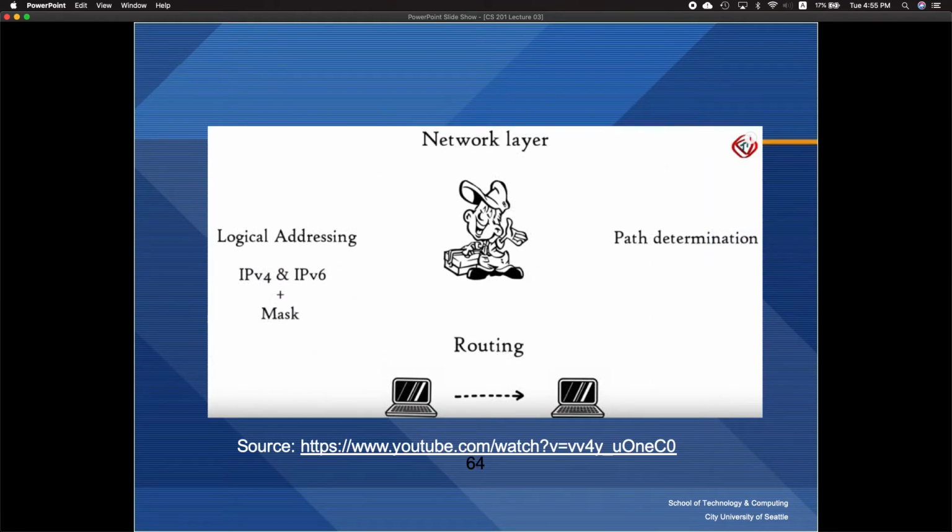Okay, the network layer, we always hear about IP address, right? And there's two logical addressing, right? It's IPv4 and IPv6. It's just version 4 and version 6. A quick takeaway is IPv4 is basically the ones that you're seeing, let's say 192.168.1.1, right?